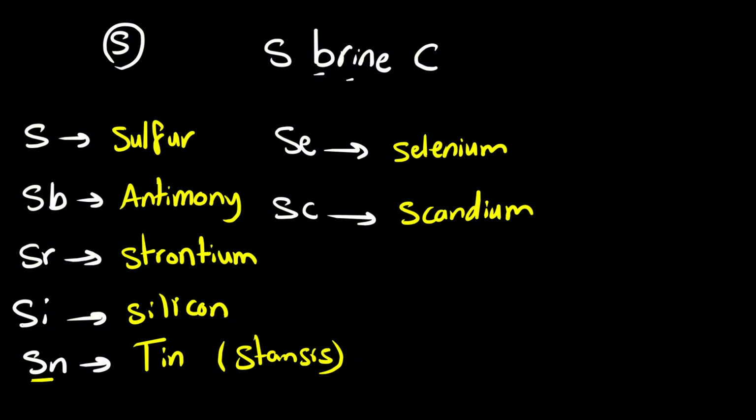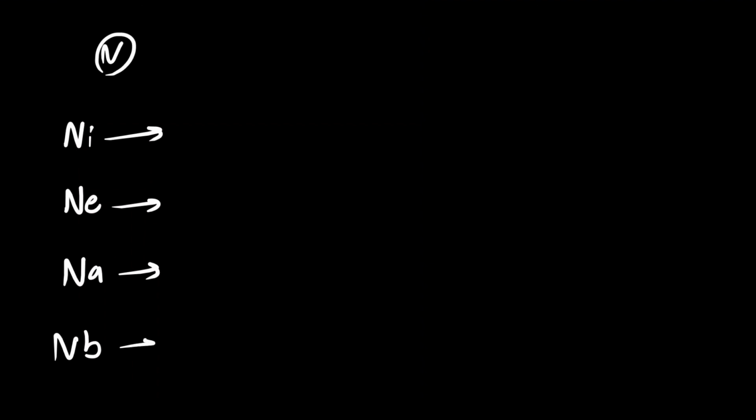Now for the letter N, you've got the three vowels, which are Ni, Ne, Na, and you also have Nb. Ni is the symbol of nickel. It's a metal.